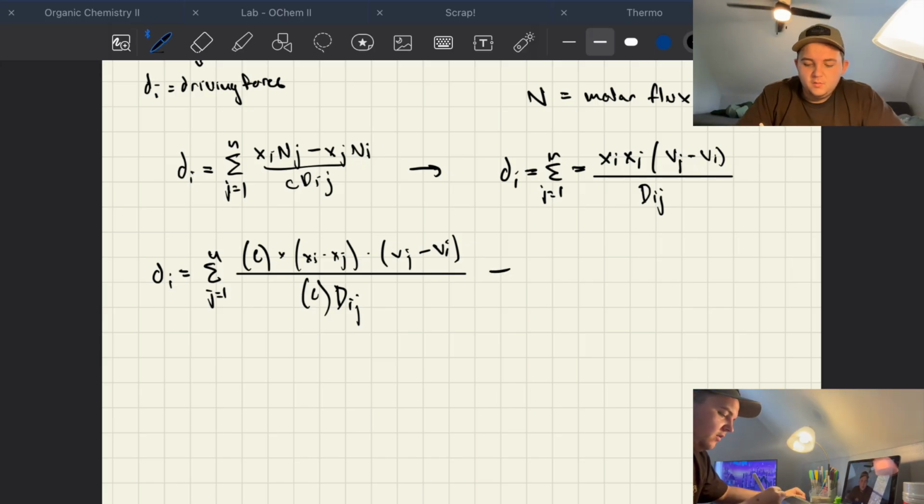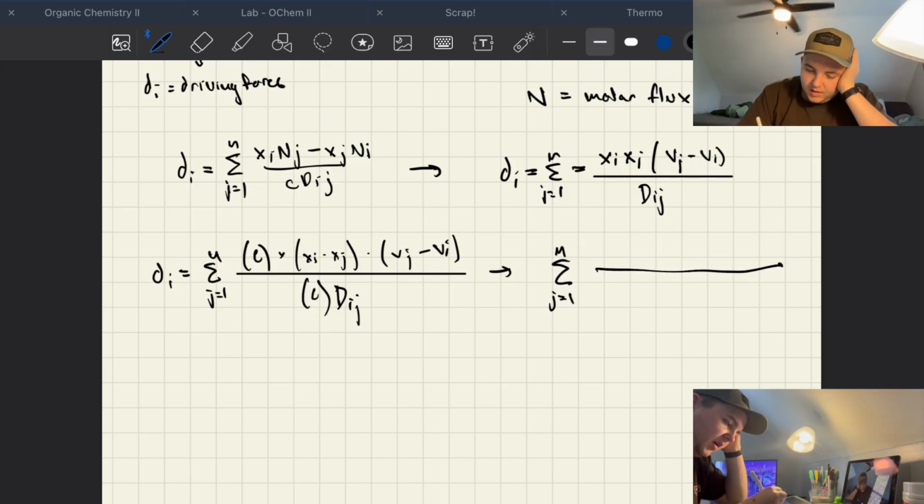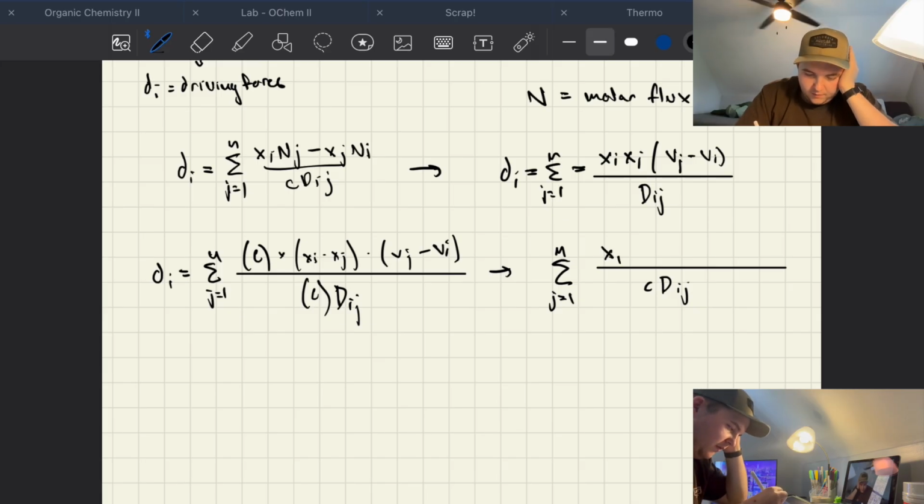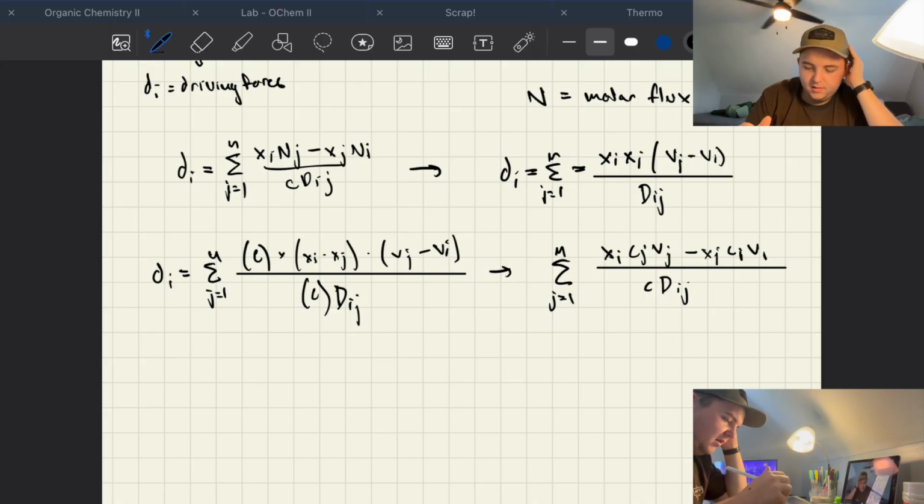And finally, what we're going to want to do now is just rewrite this, but with multiplying in our terms. So once we multiply in our terms, we're going to have the same on the denominator, so I'm just going to write that now, and then on our top we're going to have the x_i will stay, velocity j, and then subtracted by c_i, just the same but the opposite.